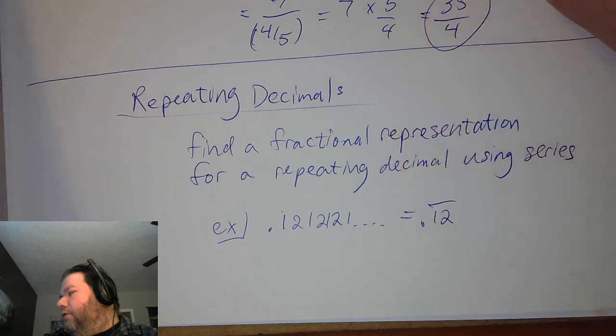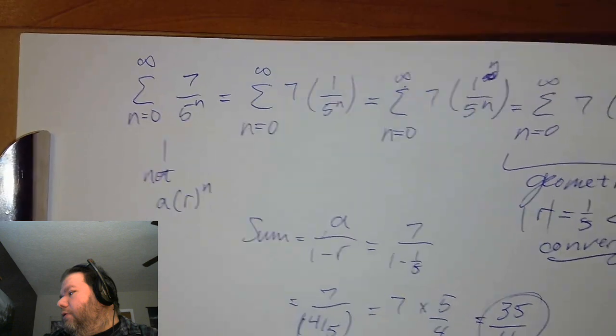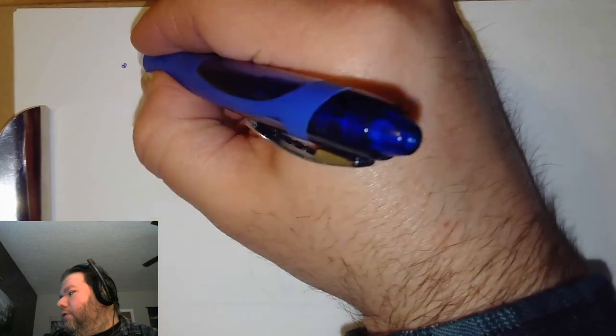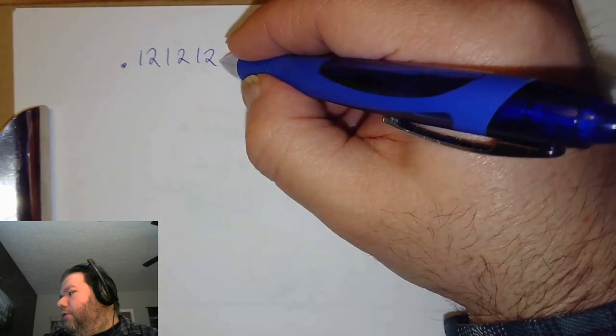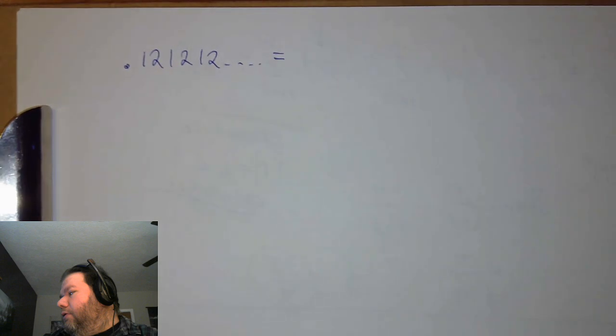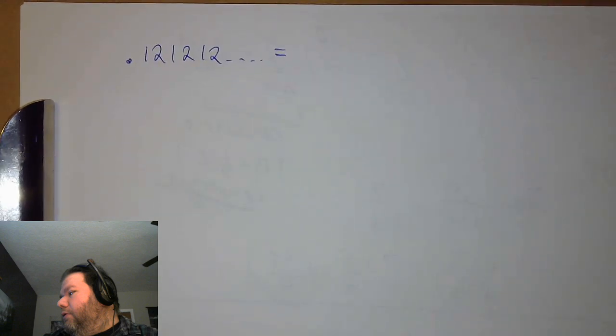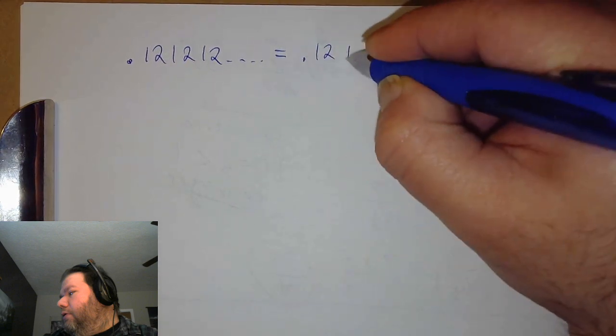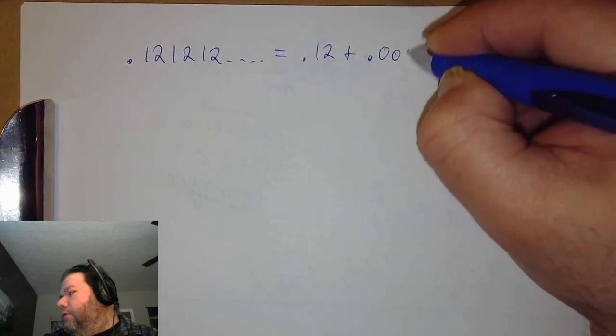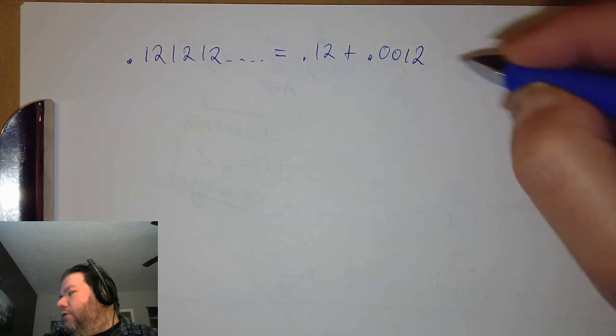Okay, so let's look at how we could use a series, specifically a geometric series, to determine what that's equal to. First thing that we'll do is split that up into multiple parts. So I'll make it 0.12 plus 0.0012.